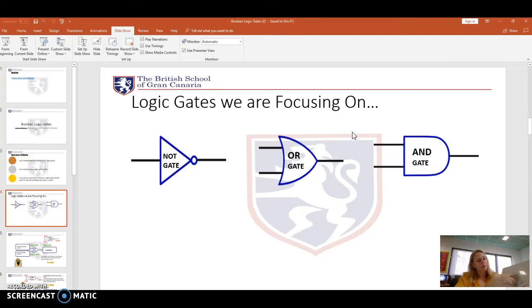Okay, now for our final gate, that's the AND gate. Okay, now I always remember the AND gate is a great big D. Okay, like because you've got D on the end of AND, and it's got 2 inputs here. Okay, these are the 2 inputs there, and then it's got one output.